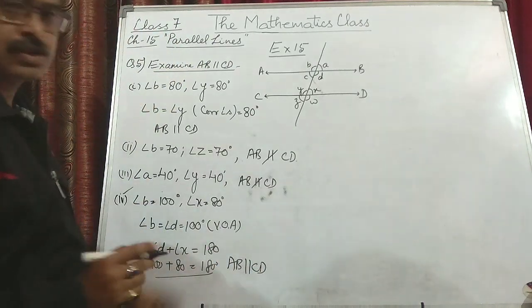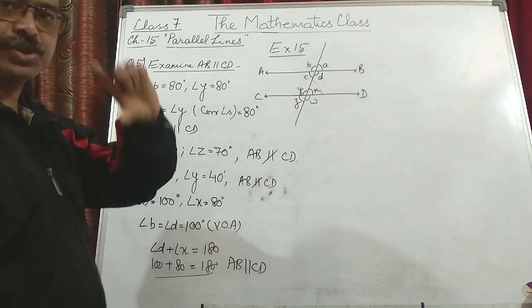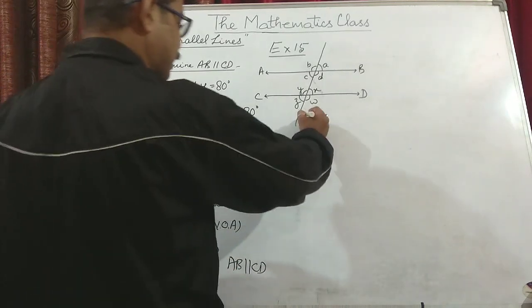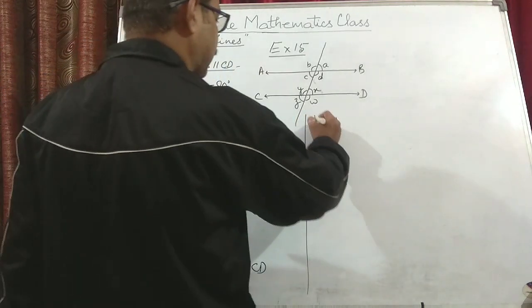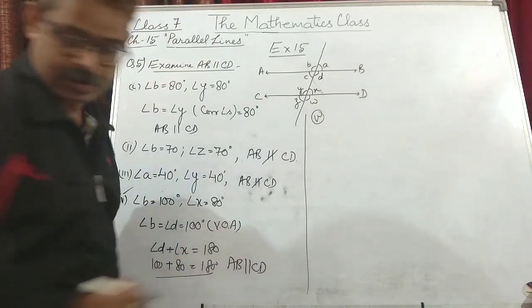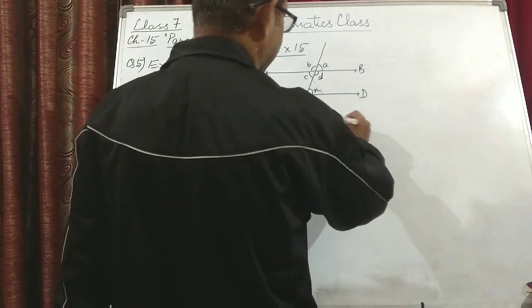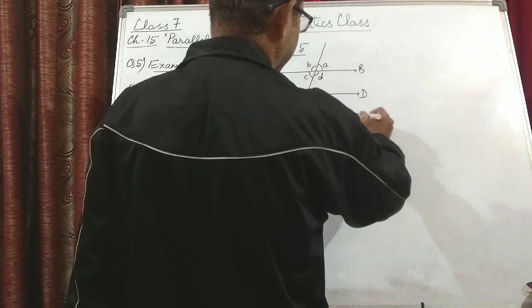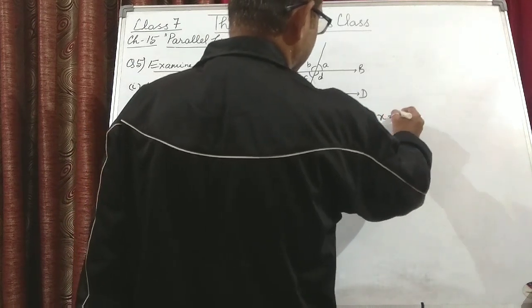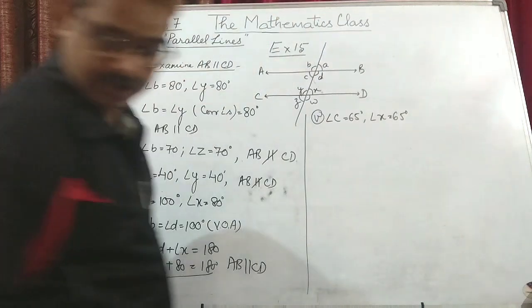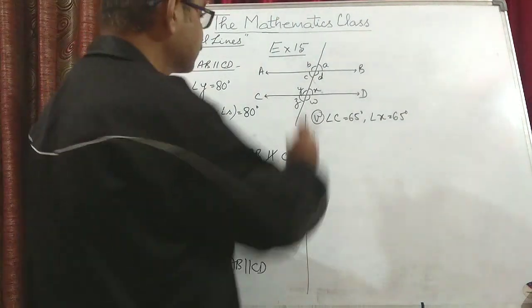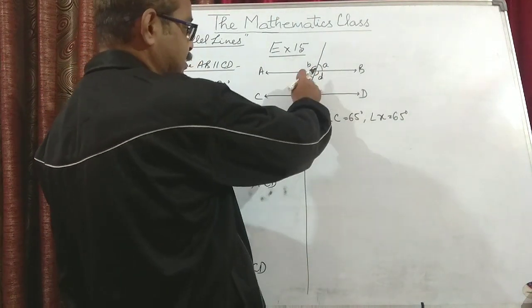So this is okay. We need to find out which relation we are getting. Next is the fifth part. Angle C is equal to 65 degrees and angle X is also 65 degrees.